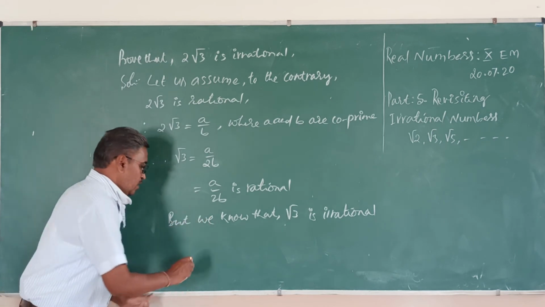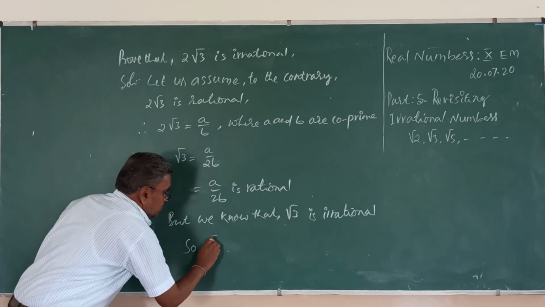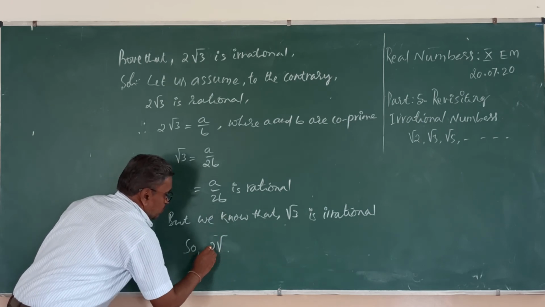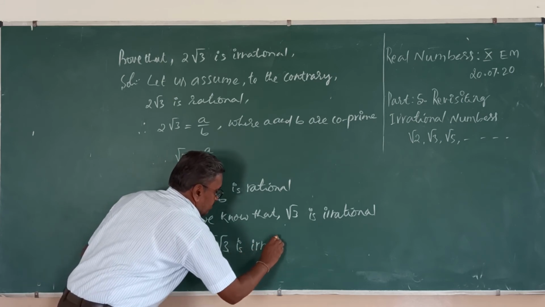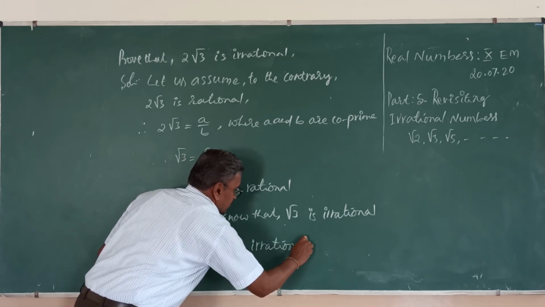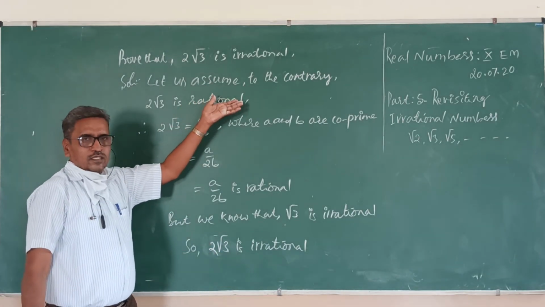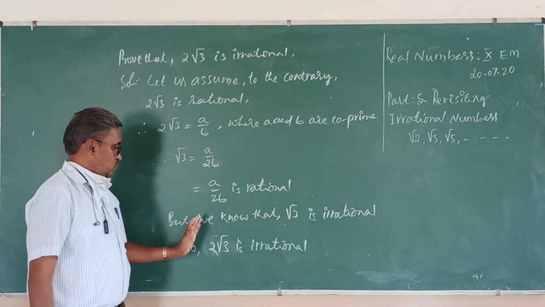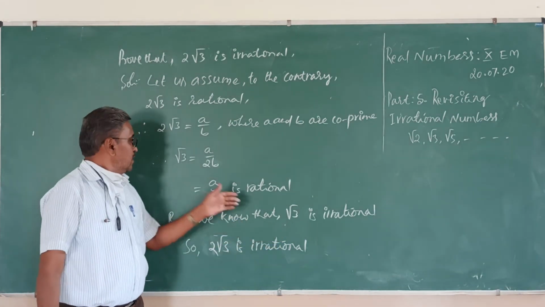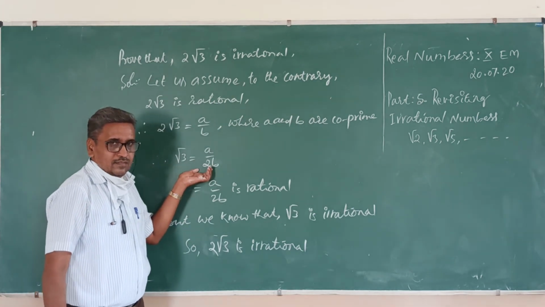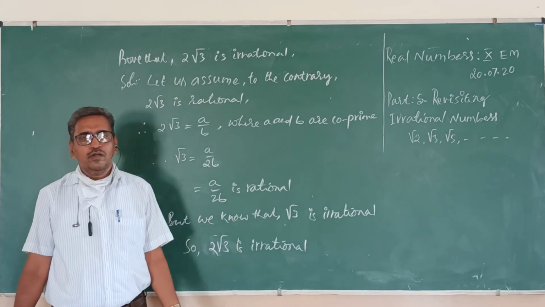So 2 root 3 is irrational. Here the concept is not necessary, but we already know that root 3 is irrational. Irrational is not equal to rational. In this way, we are going to prove it.